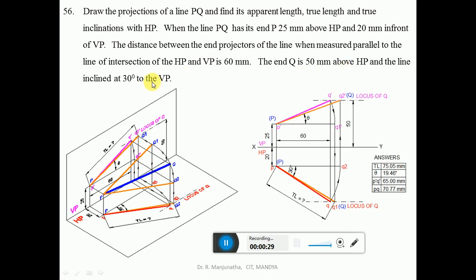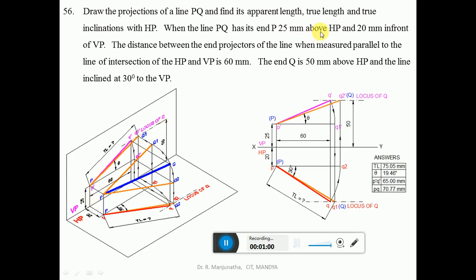So here, the end P is 25 mm above HP and 20 mm in front of VP. When you project this point, which lies on VP, the distance above HP will be 25 mm, so you mark this point as P dash.